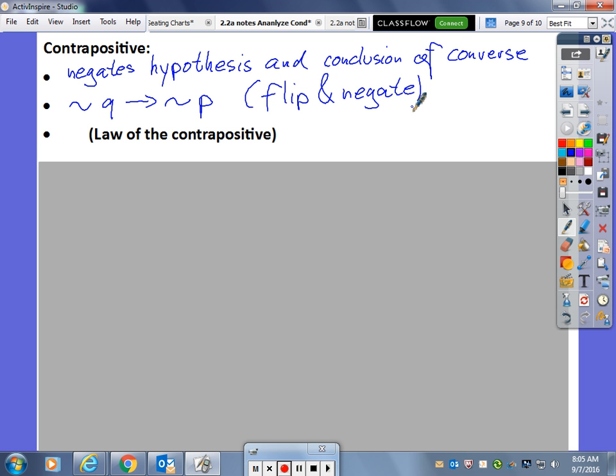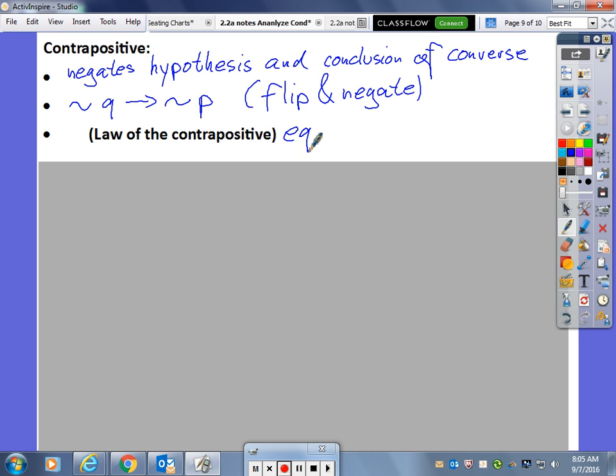The law of the contrapositive, again, talks about the truth value, and what it says is that the contrapositive, and this is kind of maybe amazing because we're doing so many things, changing these things around, but ultimately the contrapositive has the same truth value as the conditional.